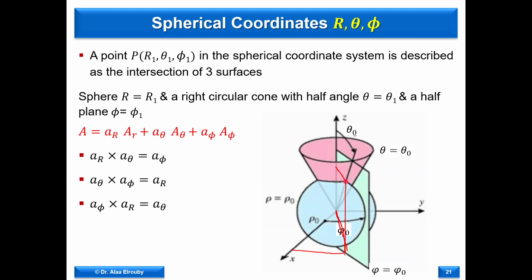We have this rectangle, so this is r. The length here, the z component, equals r cosine theta. The length of the projection of the position vector OB on the xy plane equals r sine theta. Then we project this on x, it would be r sine theta cosine phi.